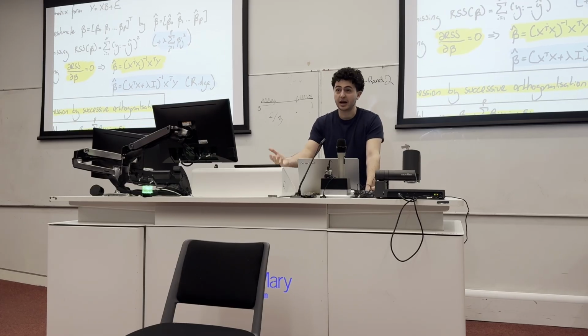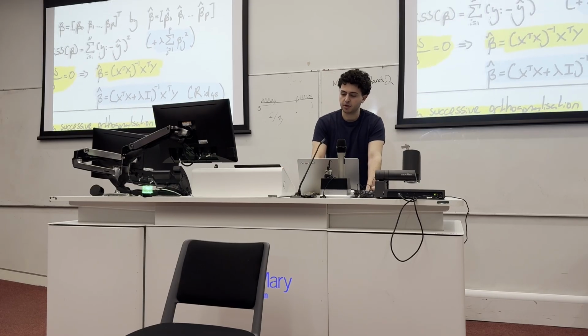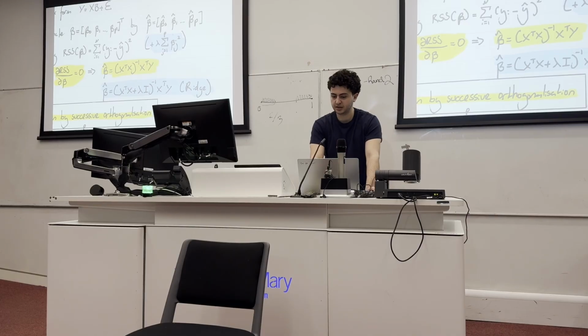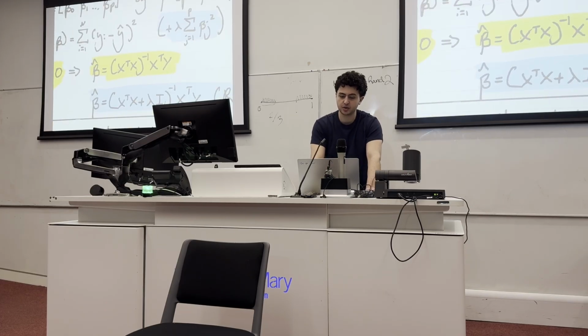Sometimes we regularize, which means that we impose a penalty on the size of the parameters. As you can see, we add this to the error. This gives us a more stable solution, because here we have to multiply these 2 matrices and invert them. Sometimes, if there's multicollinearity, which means that some of the features are related, you can imagine having the square meters of the house and the square feet of the house in your data set.